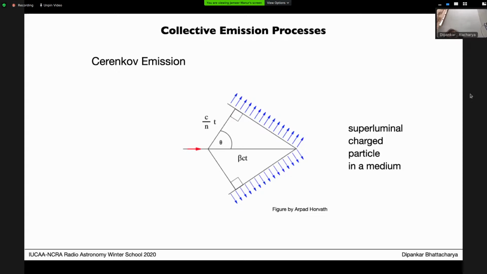a highly energetic charged particle enters a medium, and the charged particle is so energetic that in that medium, it is moving faster than the speed of light in that medium.